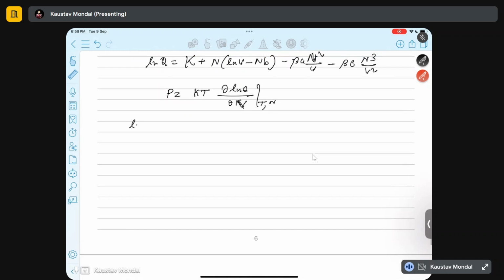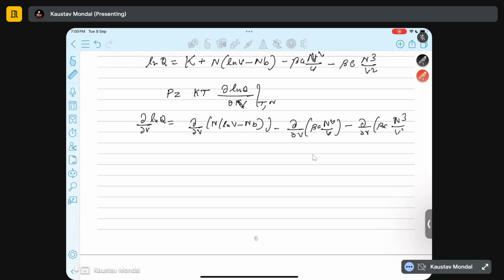So del V of ln Q equals the first term, del V of N into ln(V minus Nb), minus del V of beta a N square by V, minus del V of beta c N cube by V square.